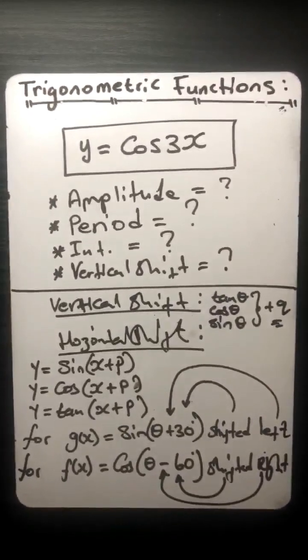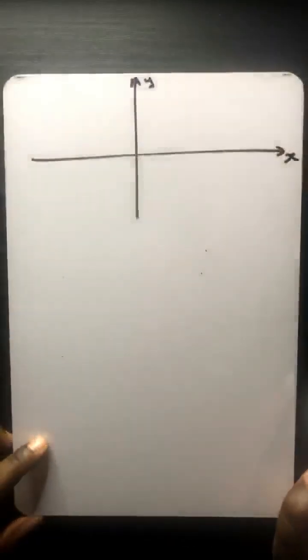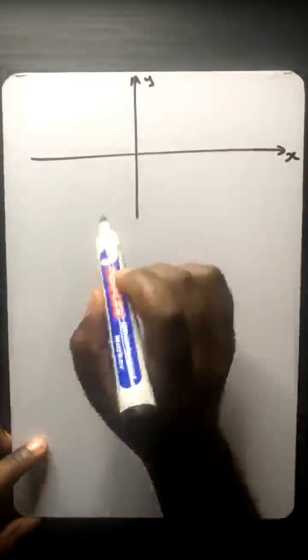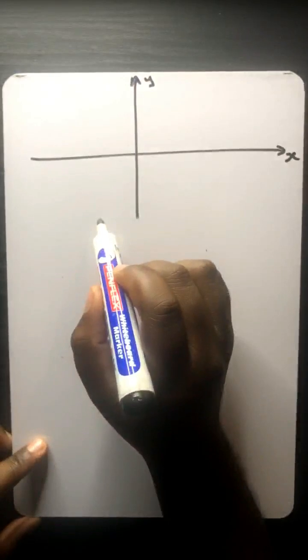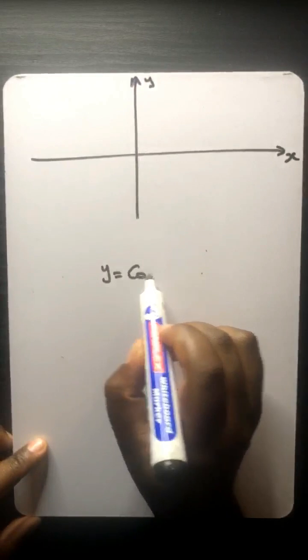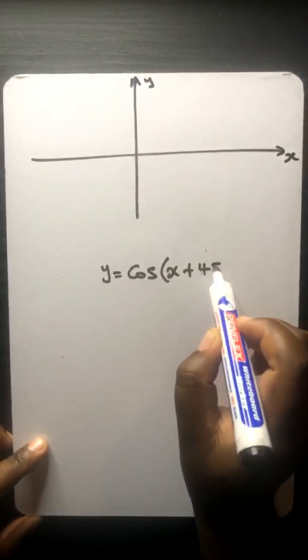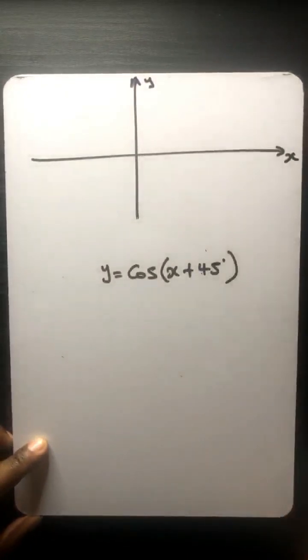Let me quickly make a practical example so that you will never forget this. Let's say you have a function y equals cos of x plus 45 degrees.